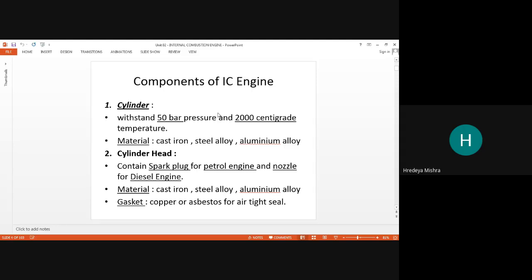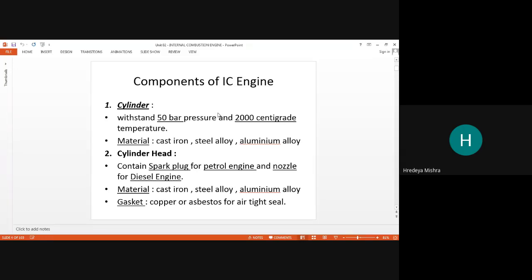First is the cylinder. The cylinder withstands 50 bar pressure and 2000 centigrade temperature. What is the material? The material of the cylinder is cast iron.